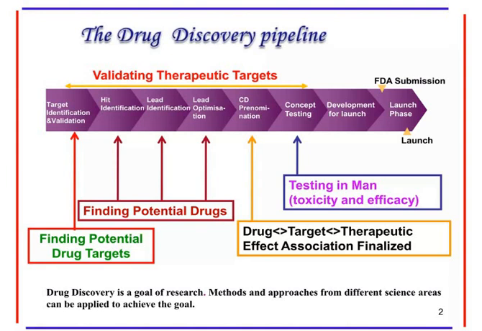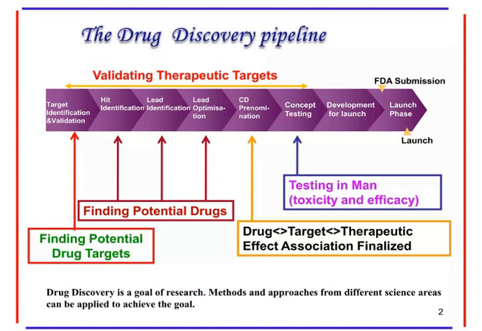So, drug discovery pipeline, you can see the validating therapeutic targets step by step: target identification and validation, hit identification, lead optimization, CD presentation, concept testing, development for launch, and launch phase.